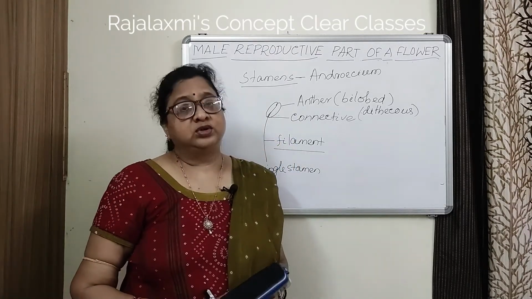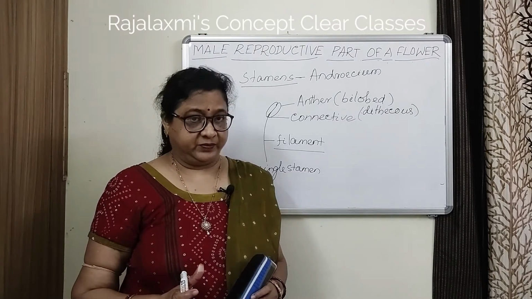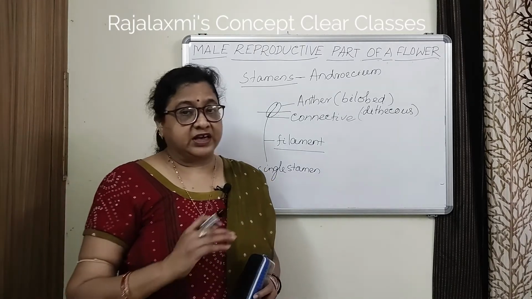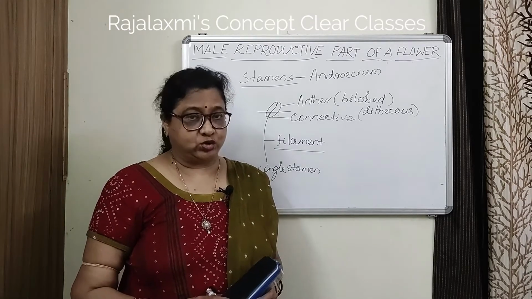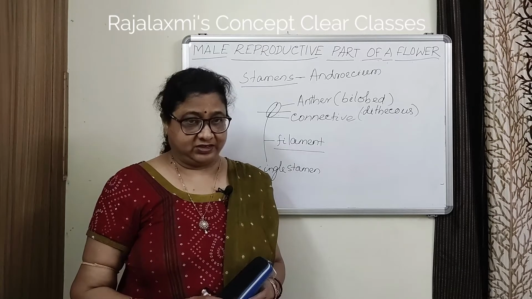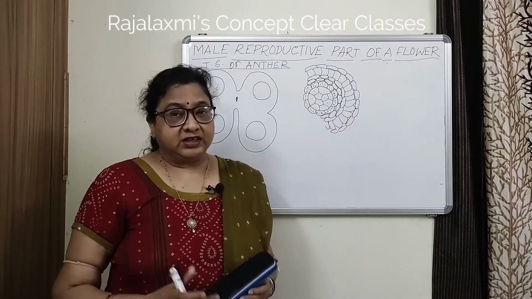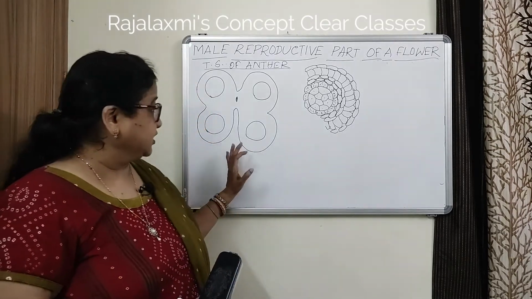So we should study the internal structure of the anther. If we take the transverse section of the anther and examine under microscope, then we will see the internal structure of the anther. If we take the TS of anther, then we will find a structure like this.